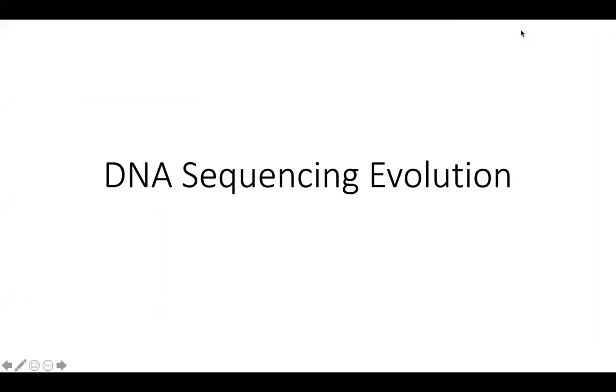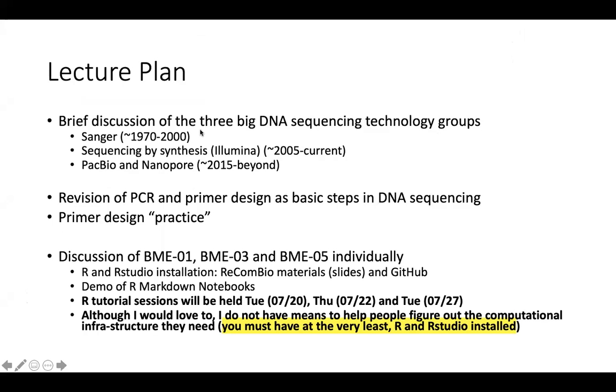All right. So I chose the title here, DNA sequencing evolution, because I wanted to give you an overview of 60 or 70 years of development, and I only have probably half an hour to do that. So let's get started. The plan is that I'll have basically 3 parts.